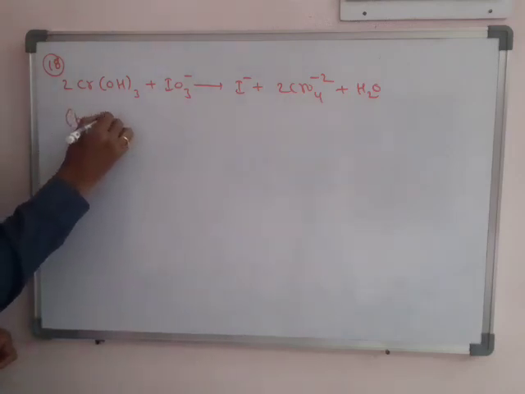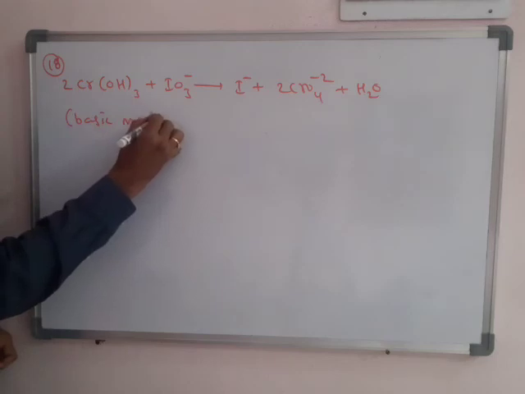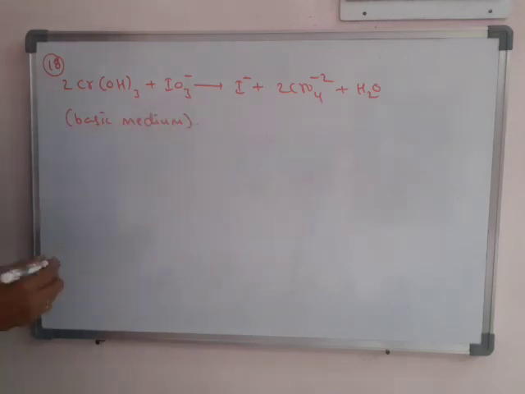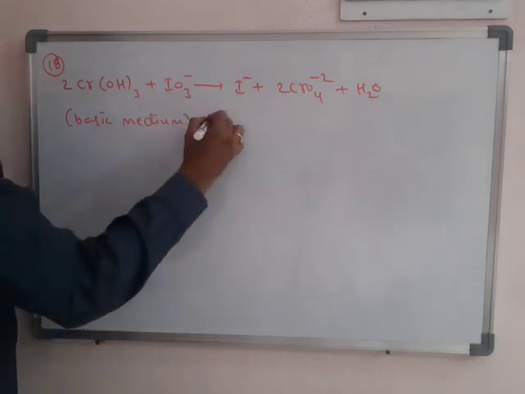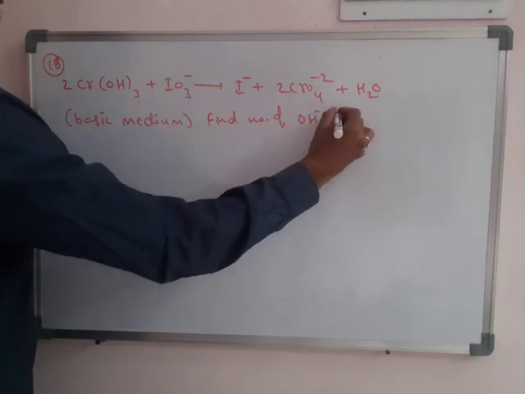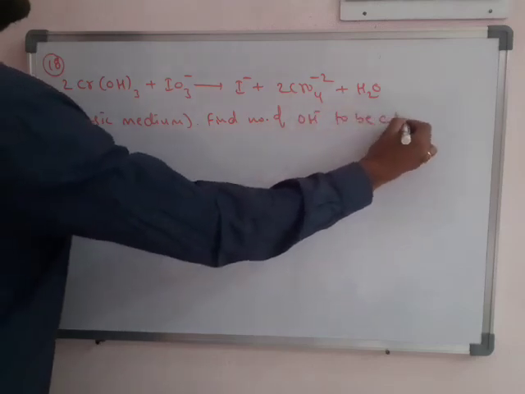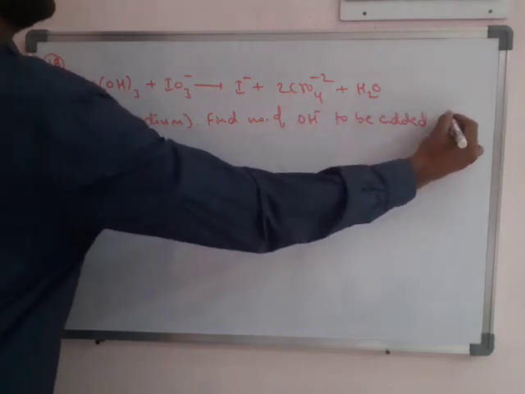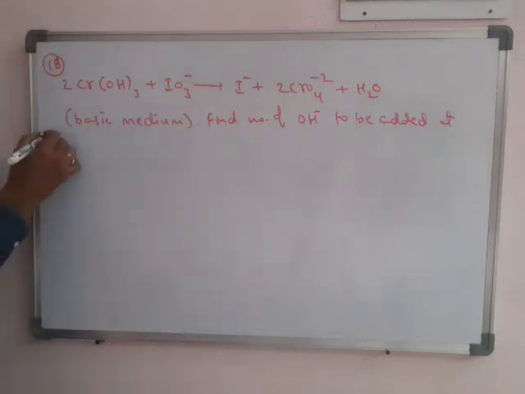The reaction is given in basic medium. What we have to find? The number of OH minus to be added at the reactant side.